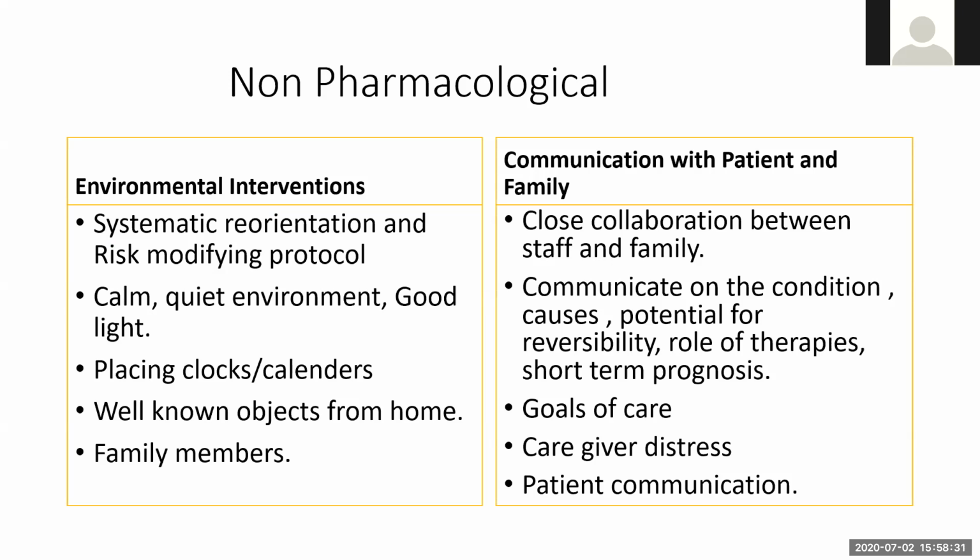Now, communication with family is very important for delirium because the family is completely devastated seeing the patient talking abnormally, and it requires more sittings with the family to understand what is happening.